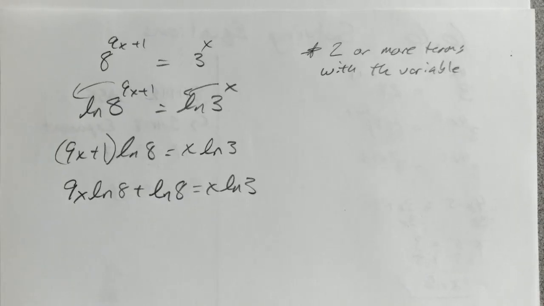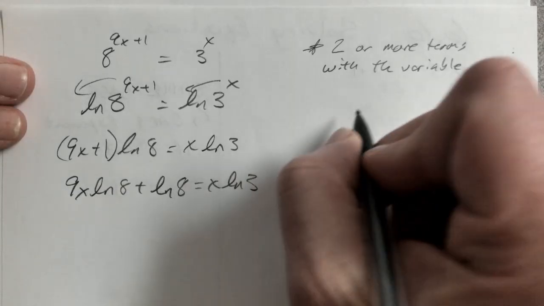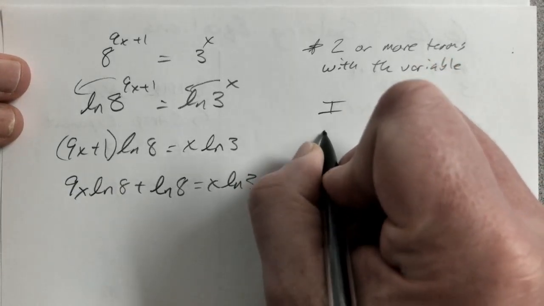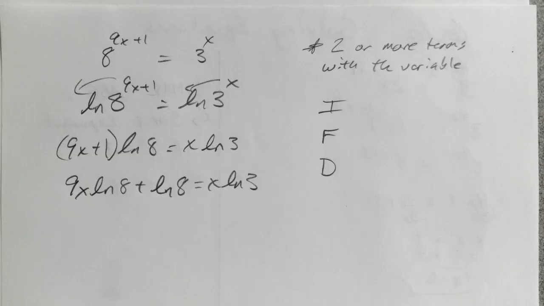Now, this is a 3-step process, and we'll be done at the end of these 3 steps. We are going to isolate, factor, and divide. It's the Independence Fire Department of mathematics. Isolate, factor, divide. So I want to isolate all the terms that have an x on one side.